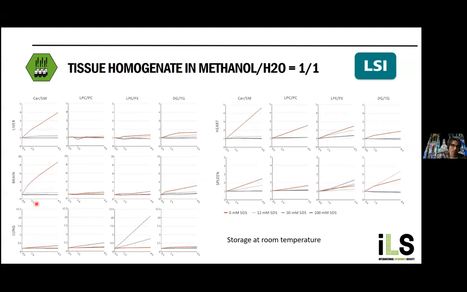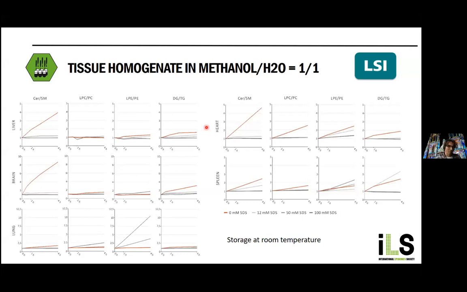Here this is quite recent data from our lab, from Sabrina and Alex. They investigated tissue homogenates in methanol-water, and we came to that observation because we had control samples prepared in this organic mixture, and they are quite unstable.